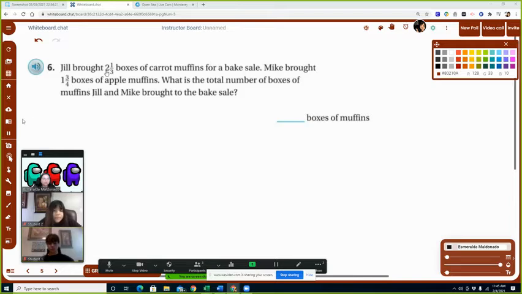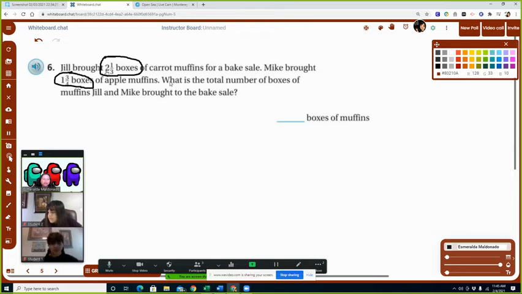All right, so again, when we have word problems, we want to underline the information that we're going to use. For number 6, just take note that this is part of lesson 7, where we're adding and subtracting mixed numbers. So Jill bought 2 1/3 boxes of carrot muffins, so we're going to circle that. And then it says Mike brought 1 3/4, so that's another piece of information that we need to use.